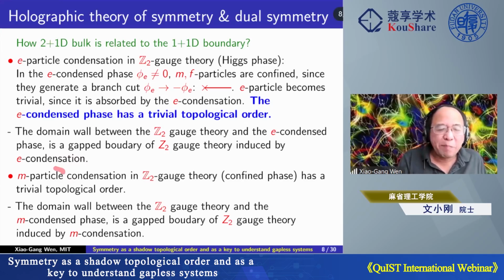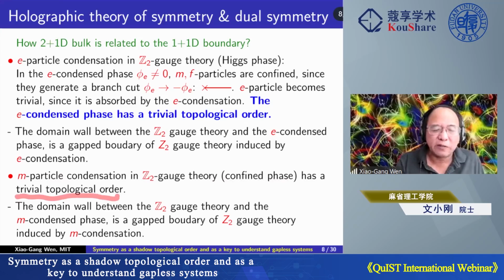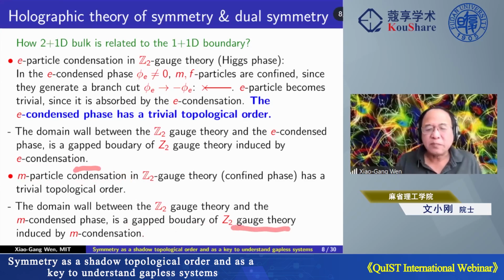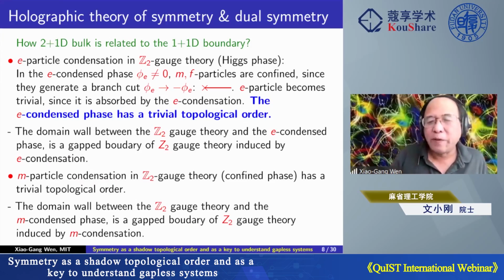Similarly, the M particle can also condense. The condensed phase is called the confined phase. And this confined phase also has a trivial topological order. So therefore, M particle condensation can also induce a gapped boundary of the Z2 gauge theory. Okay. So that's how the boundary and the condensation are related. That's the point I'm trying to make here.